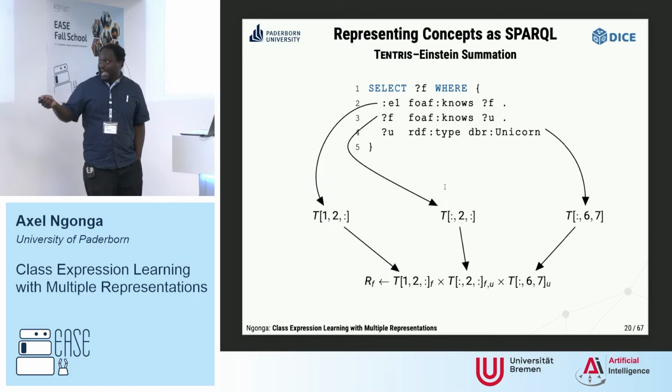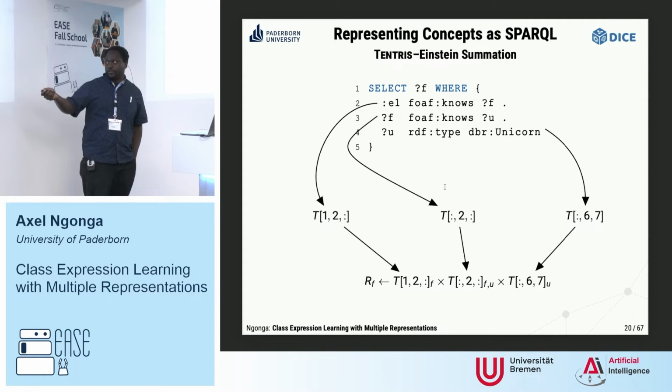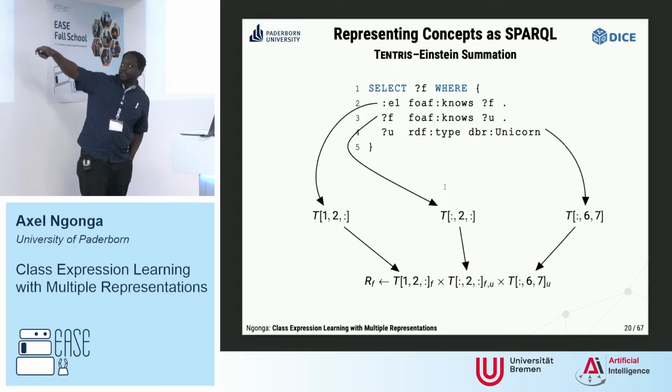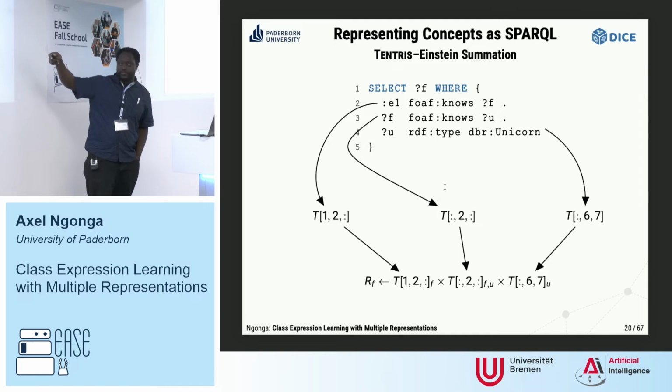So the answer, which I'll expect here, will be nothing else than T1 column with respect to running variable F times T. Here we have a column and there a column because those are variables. So column to column. And obviously the ordering of the variables is important. So with respect to F and U times T column 6, 7 with respect to U.